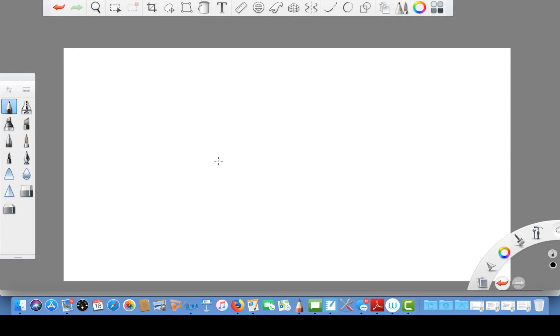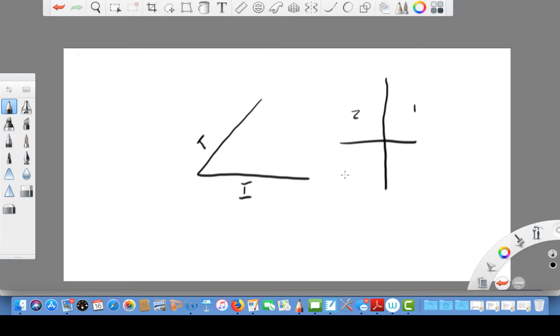Let's go to page 5 and talk about a couple things. All right. First of all, I used the words initial and terminal. The terminal side and the initial side can be flip-flopped. But in geometry, because we often use a coordinate plane, which we start with quadrant 1, quadrant 2, quadrant 3, quadrant 4, we go in a counterclockwise fashion when we deal with this.